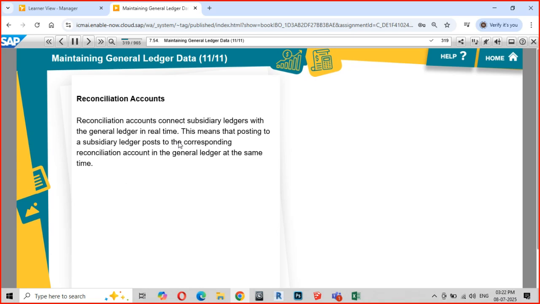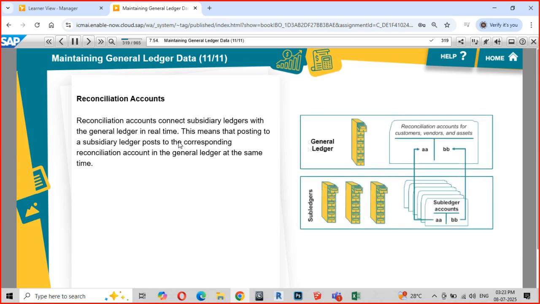Reconciliation accounts. What would you normally associate your reconciliation accounts with? Your BRS, right? Bank reconciliation.